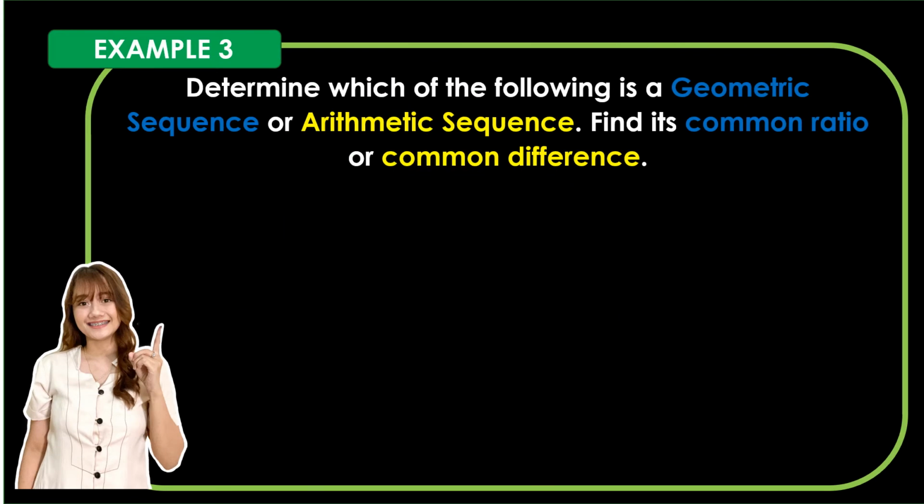Now let us have example 3. We have 29, 38, 47, 56, and so on. From the given sequence, observe that the difference between the terms does not increase enormously. And also observe that the given sequence is in increasing order.